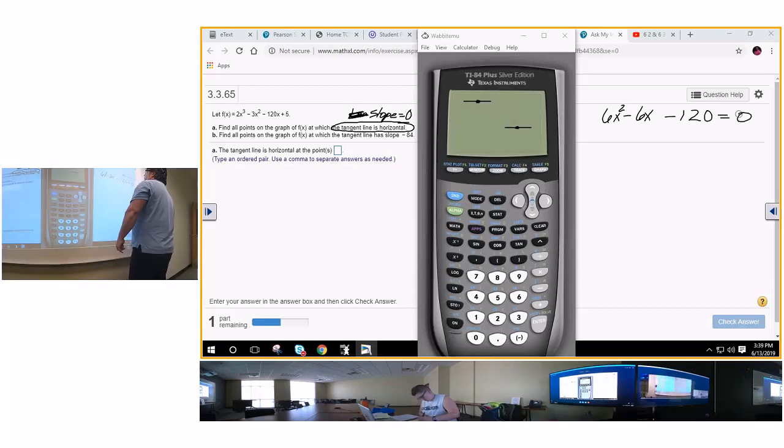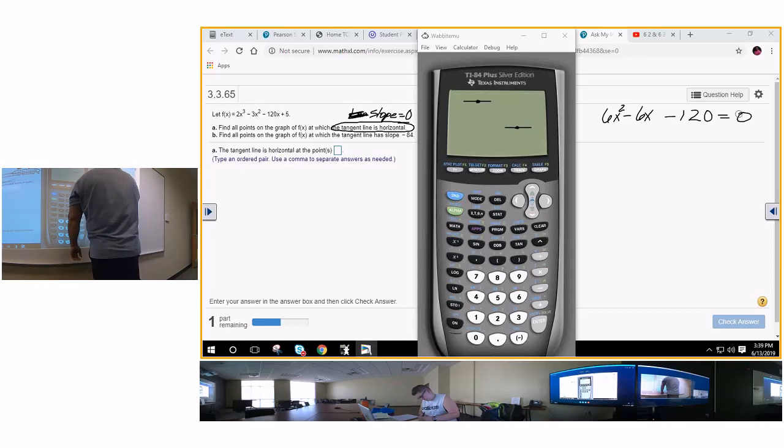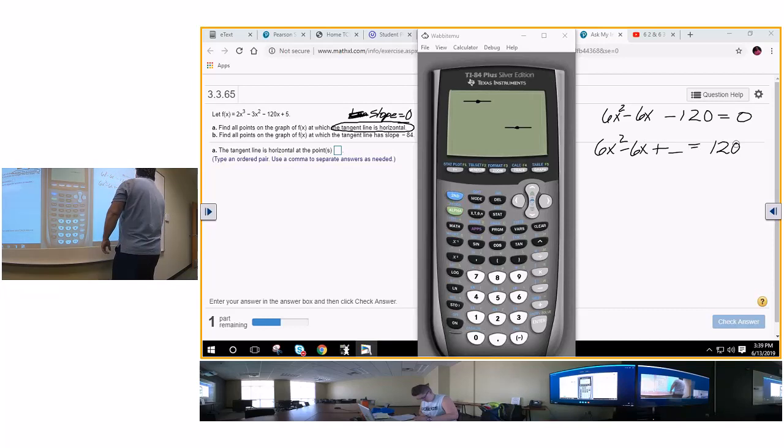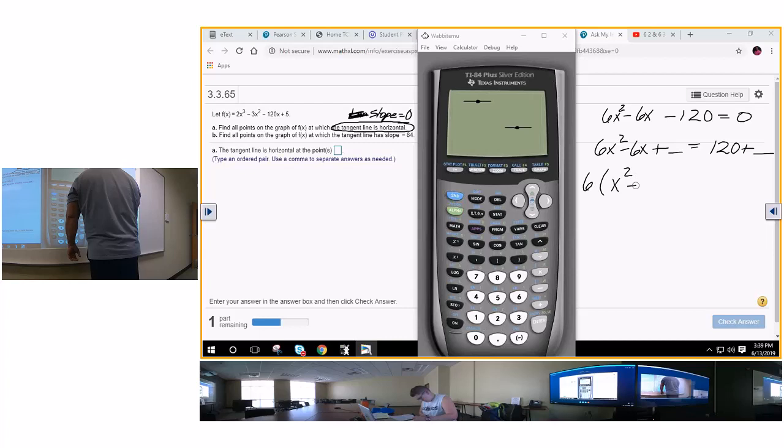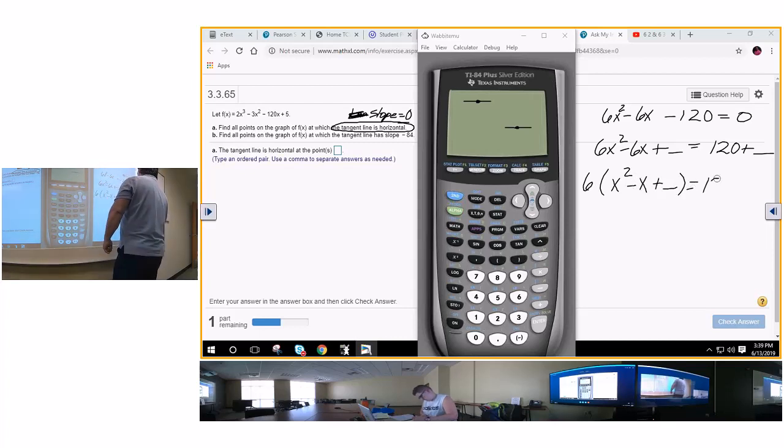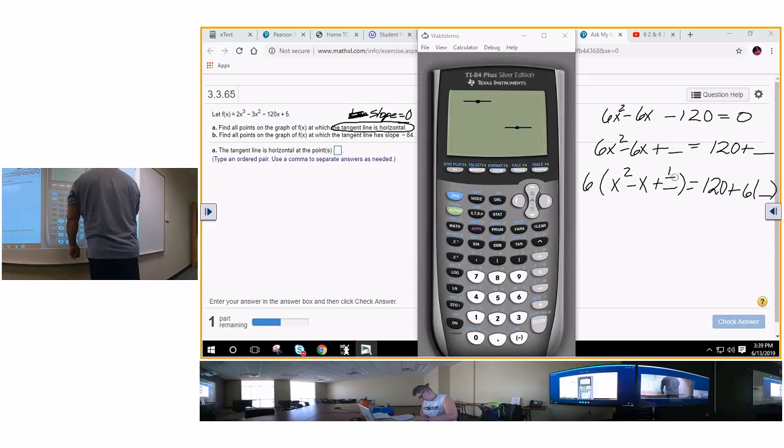Complete the square. 6x squared minus 6x plus blank is equal to 120 plus blank. Factor out 6: x squared minus x plus blank is equal to 120 plus 6 times blank. Half of 1 is 1/2. 1/2 squared is 1 what? 1/4.